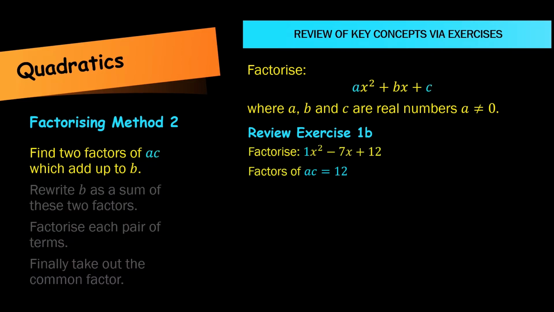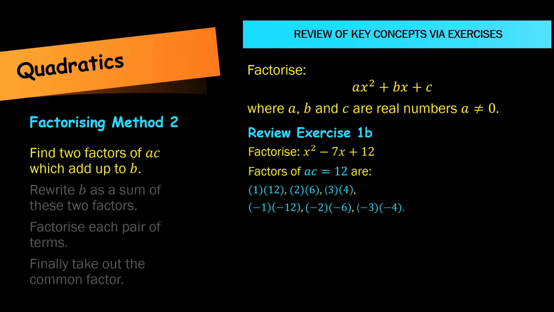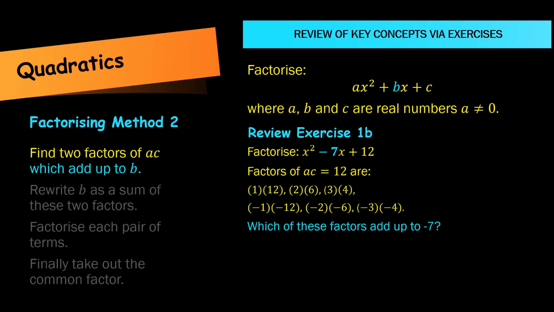Now factors of ac equals 12 are 1 times 12, 2 times 6, 3 times 4, minus 1 times minus 12, minus 2 times minus 6, and minus 3 times minus 4. So which of these factors add up to b equals minus 7?